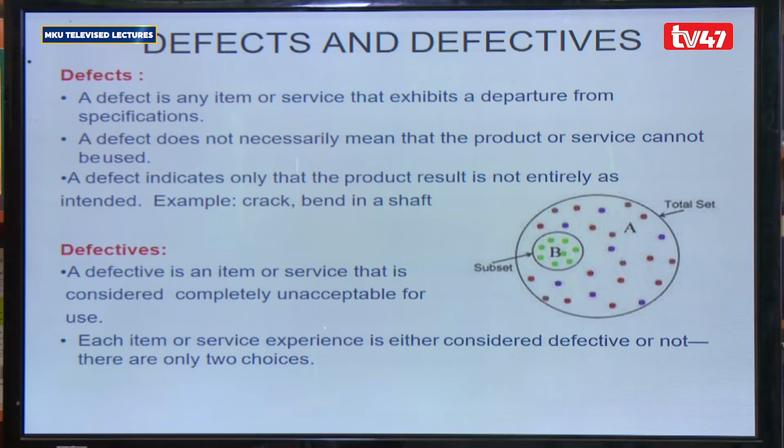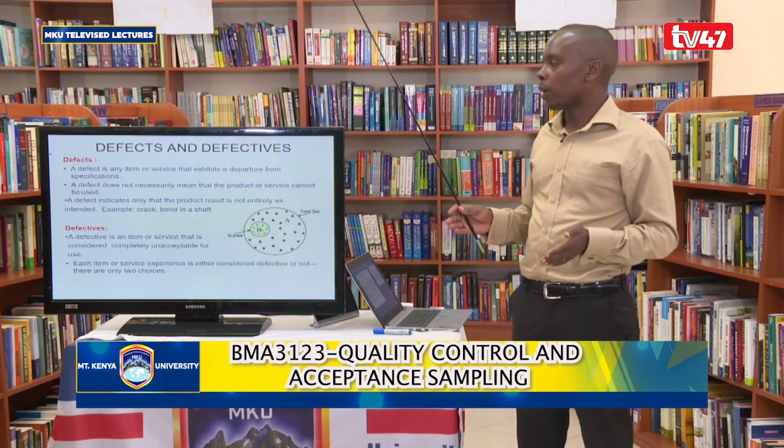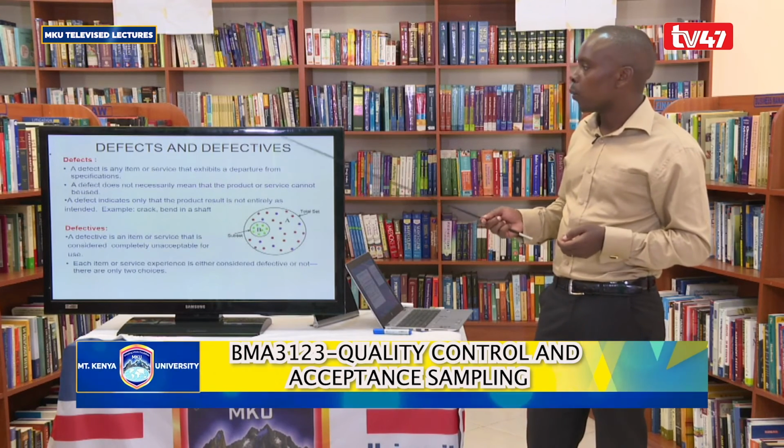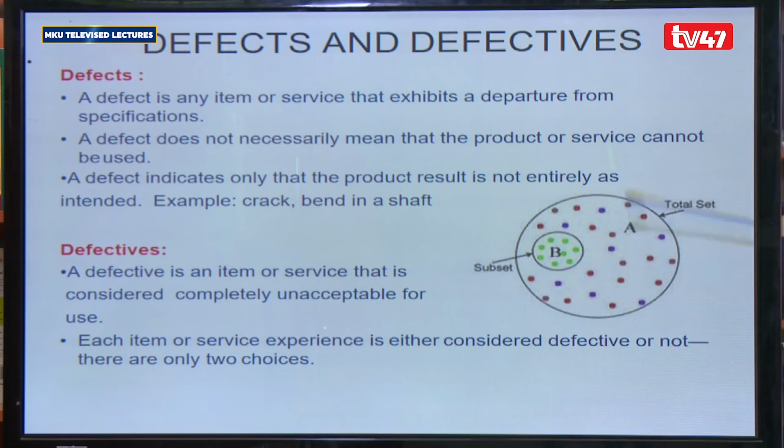So if you say that a given product should have the following specification, for example, other than those uncountable attributes, the length should be so and so, the height and so on, and the item has characteristics or exhibits features or specifications that depart from those specified, then we say that that is a defect.